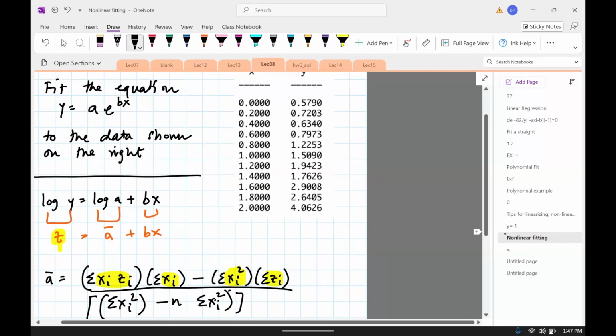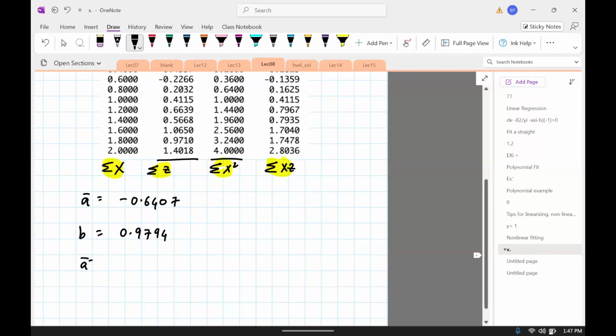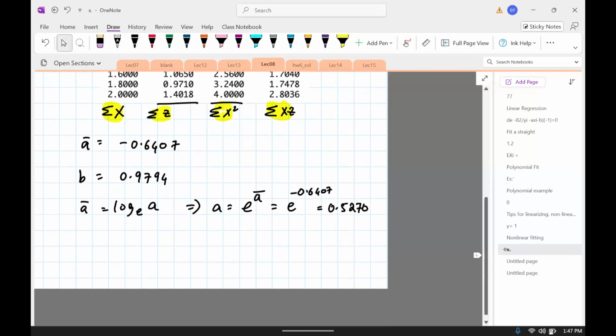So a bar and a are related. We have a bar equals log of a to the base e. So a is e raised to a bar, which is e raised to minus 0.6407, which is 0.5270. So we have, in fact, found what a and b are. We were after a and b.